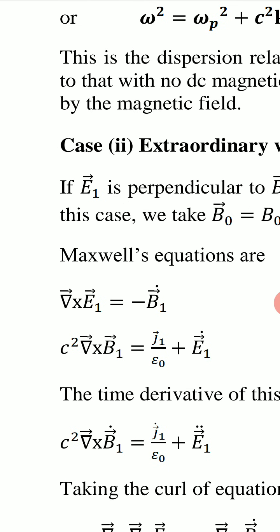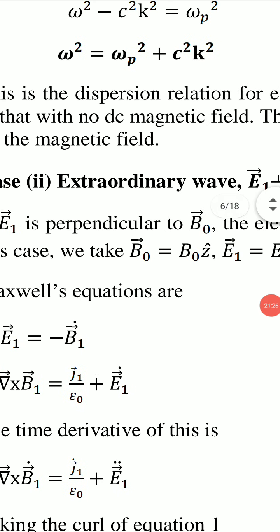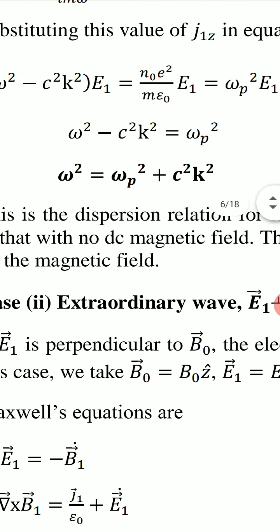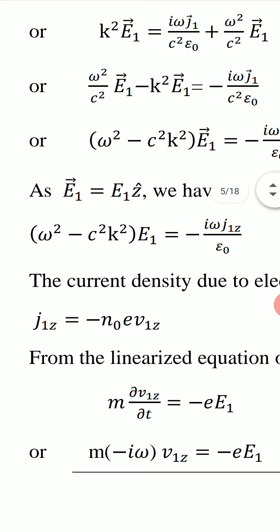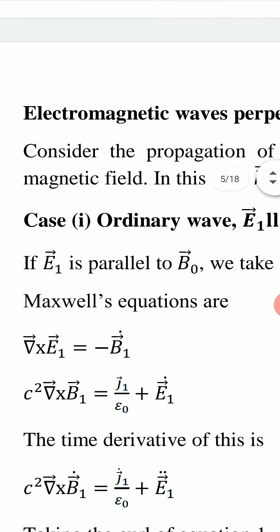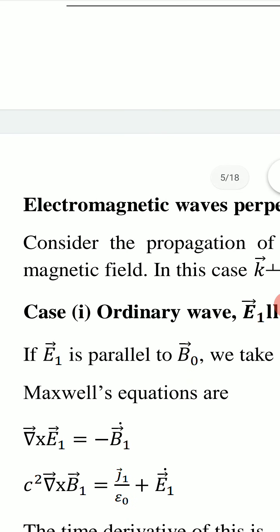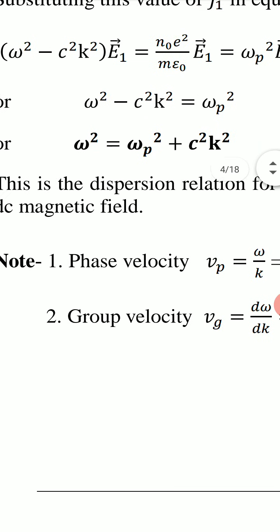It is similar to that with no DC magnetic field. When there is no DC magnetic field, that is when B0 is 0, we also get a similar dispersion relation.